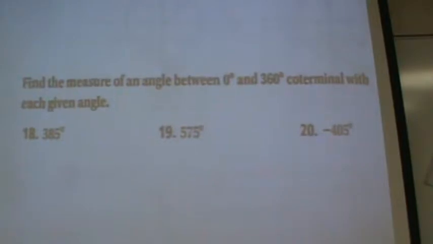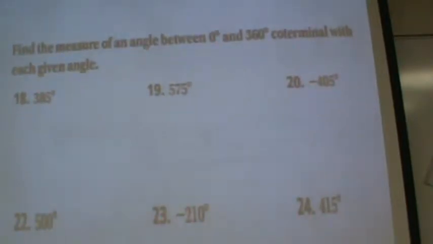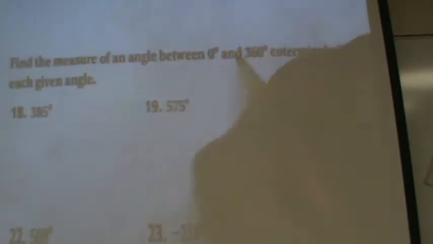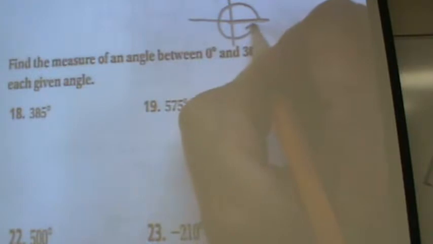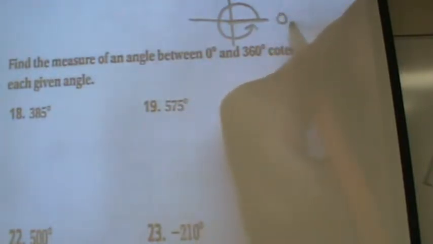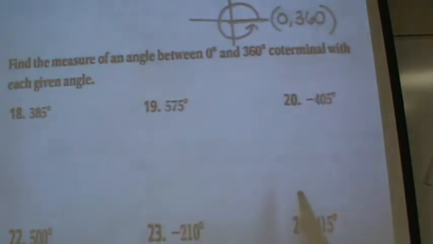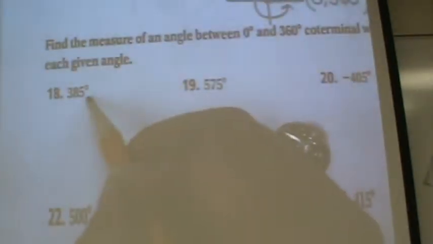Okay, so let's practice these. I want to know the measure of an angle that's between 0 and 360. So it starts here and it goes this way. So 0 to 360. I'm going in that direction, 0 to 360. So now, here's my first angle, 385.